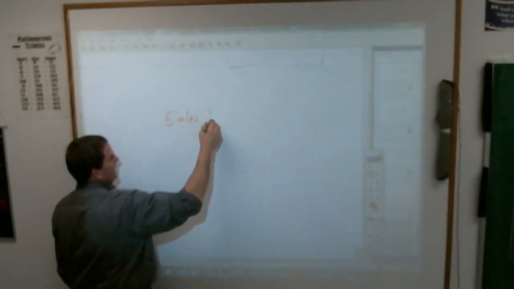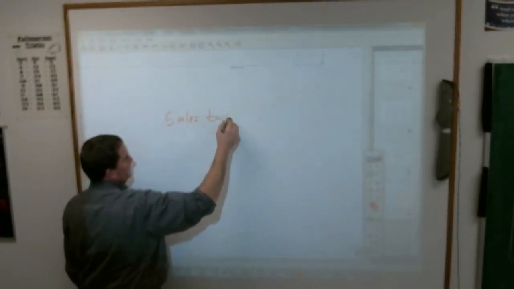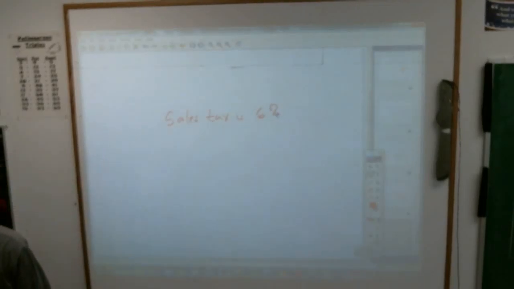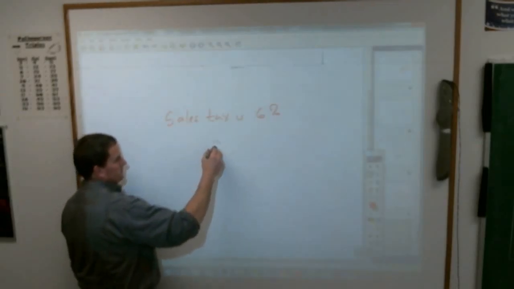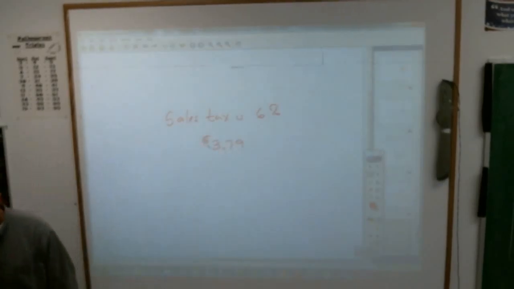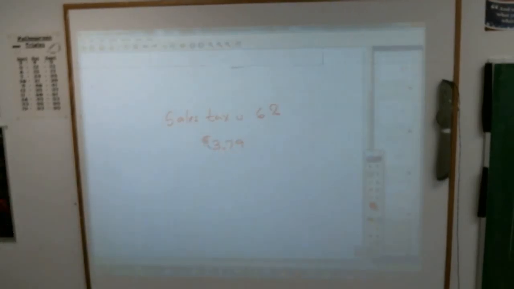If the sales tax is 6%, you buy something that is $3.79.